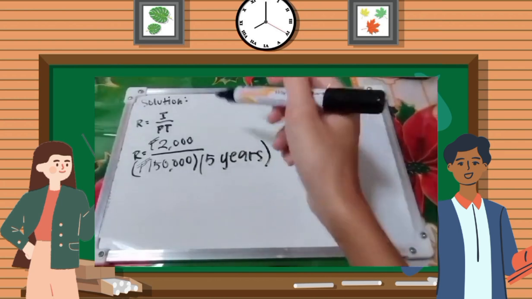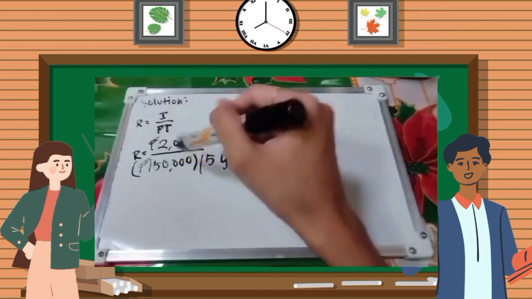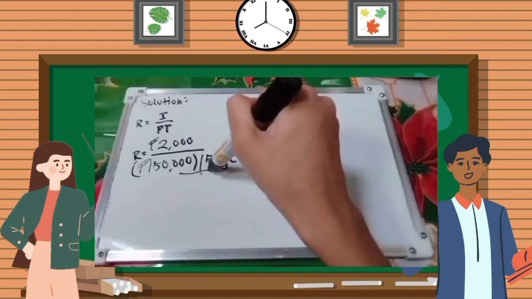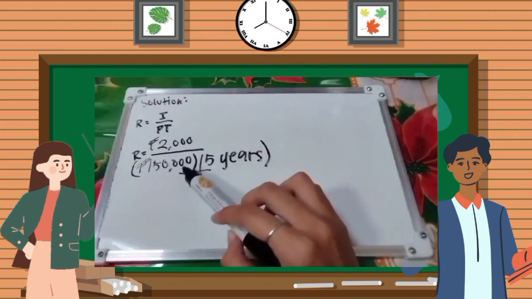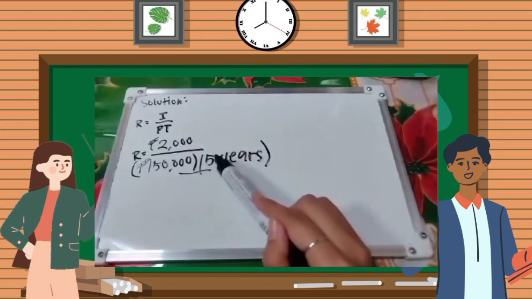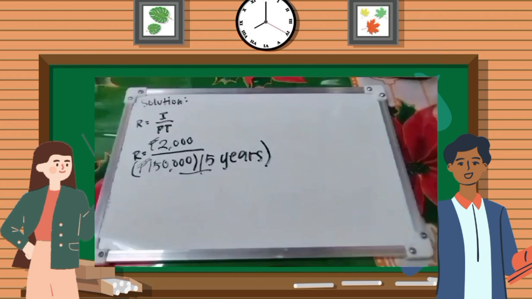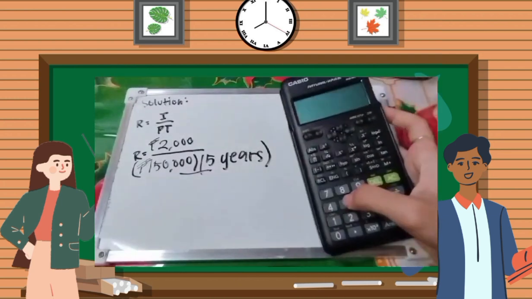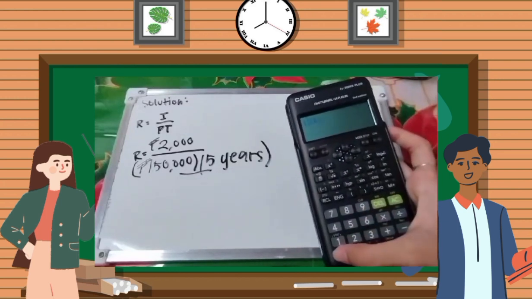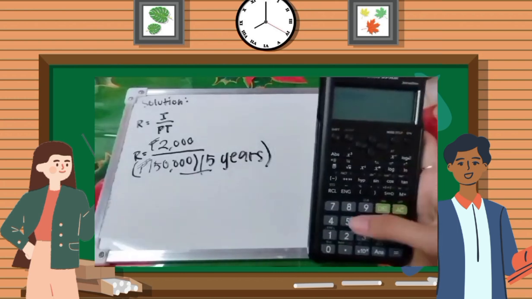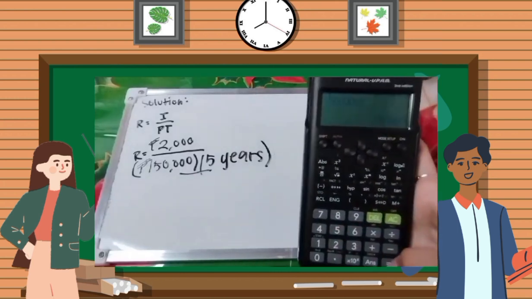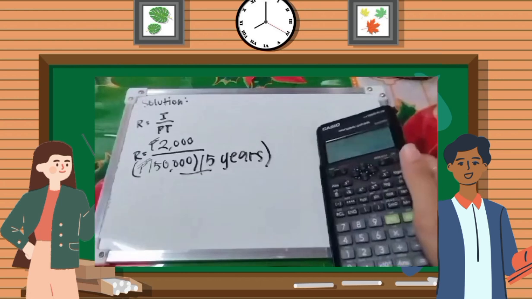Now, the first thing that we are going to do is to multiply these two, which is 150,000 pesos times 5. We are going to use a calculator. Times 5 is equal to 750,000.